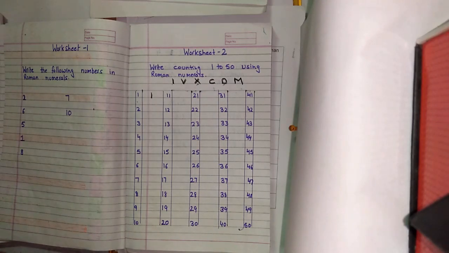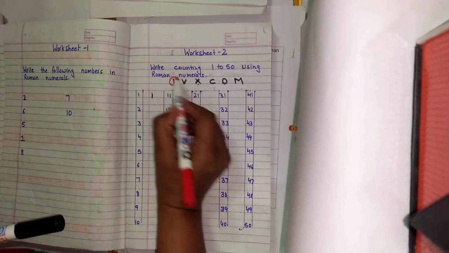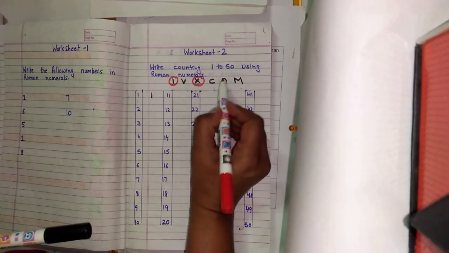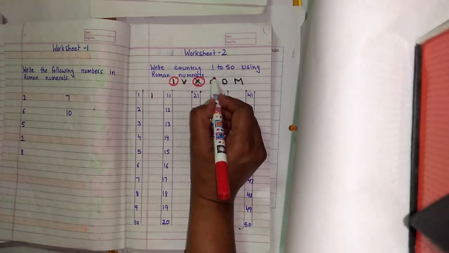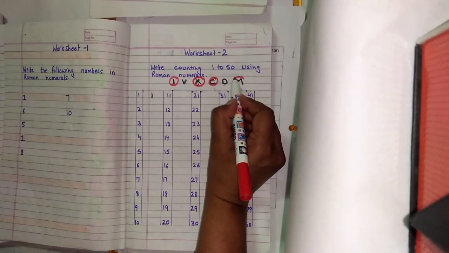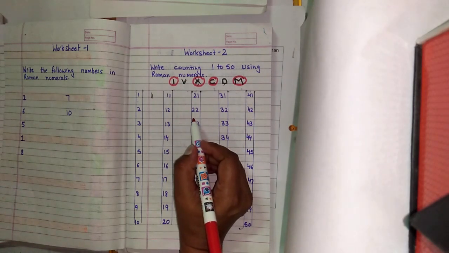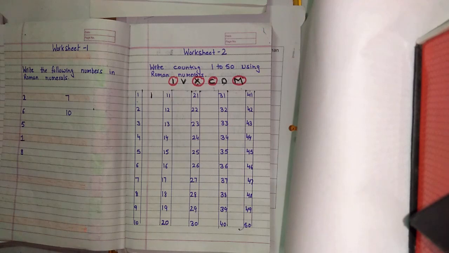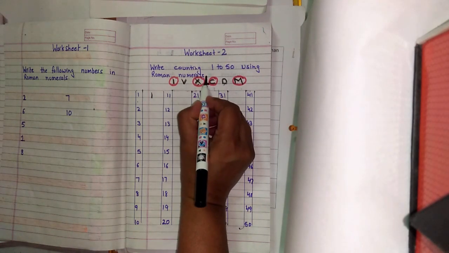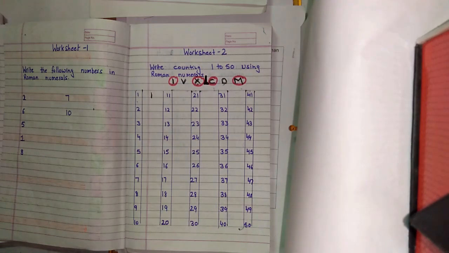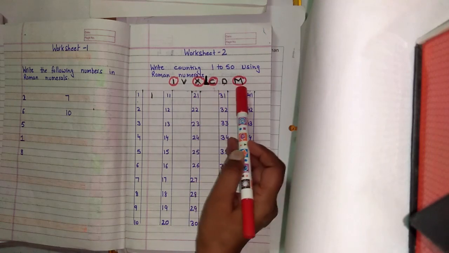So I am going to circle the symbols which can be repeated: I, X, C and M. Sorry students, I have left out the symbol that is L. L stands for 50. So only 4 symbols can be repeated: I, X, C and M.